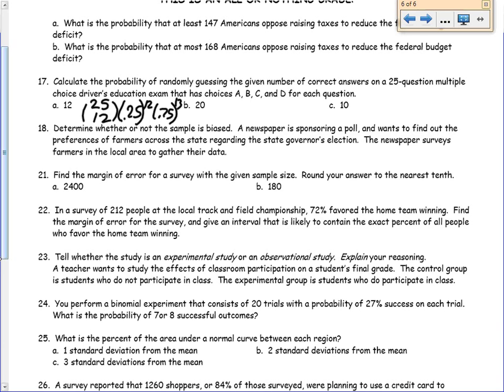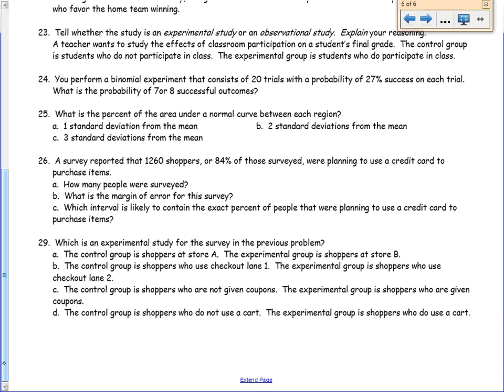Down at the bottom, there's another one just like this. It says it a little bit different. You perform a binomial that consists of 20 trials. What's the probability that it's 7? So 20 C 7, 0.27 to the 7th, 0.73. Where the heck did I get 0.73 from? Yeah, 1 minus 0.27 is 0.73.